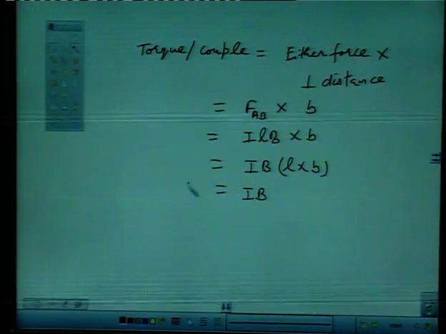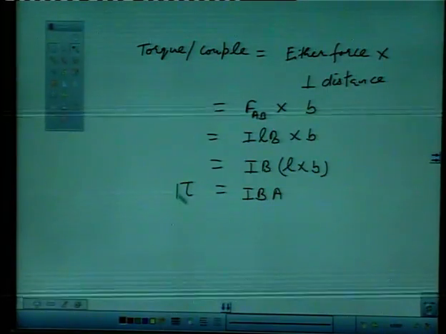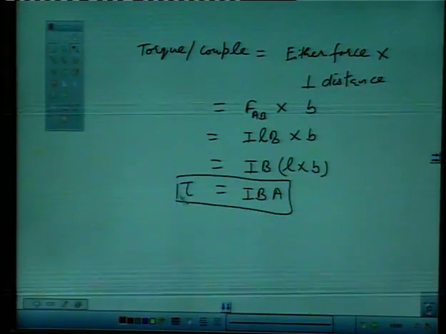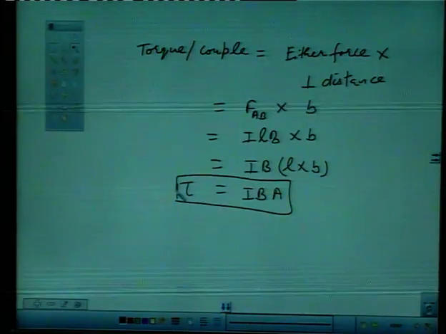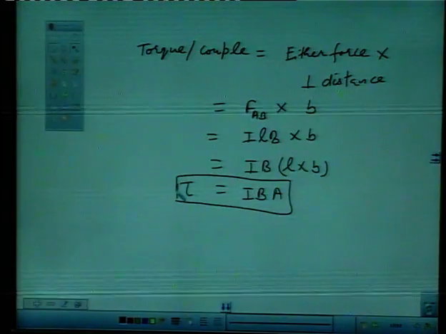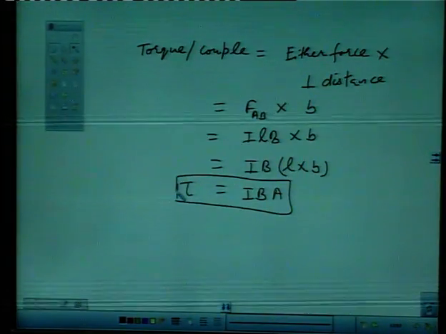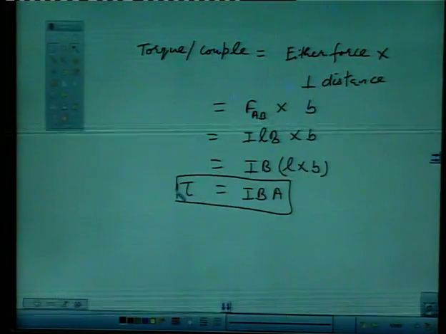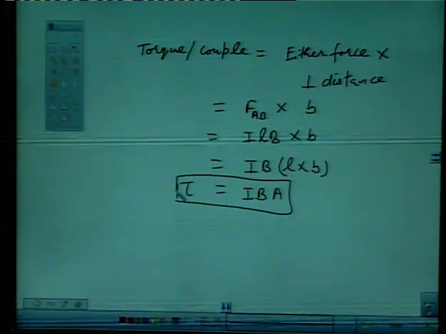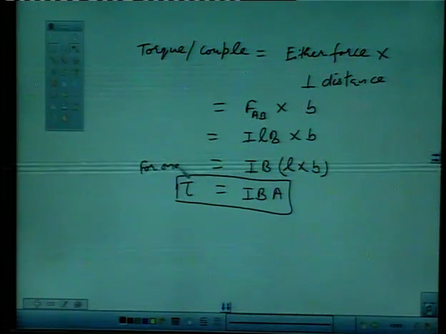So we have torque equal to I B A. So the force acting on the two different sides of the coil will rotate the coil, and it will produce a torque or couple equal to the value of current, into the value of magnetic field, and area of the coil. This is for one coil.